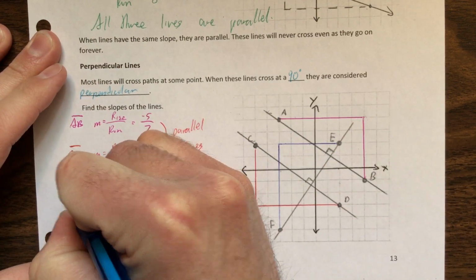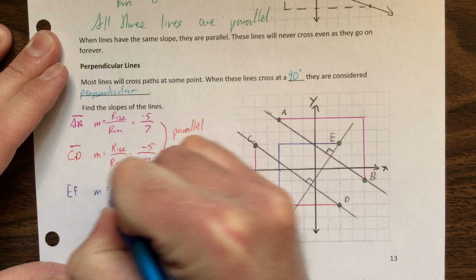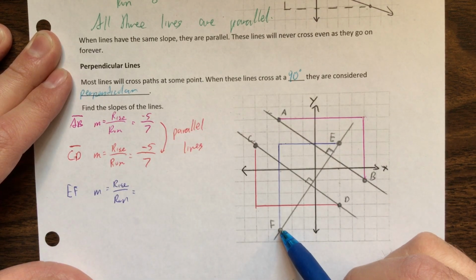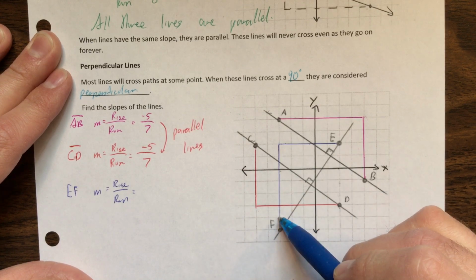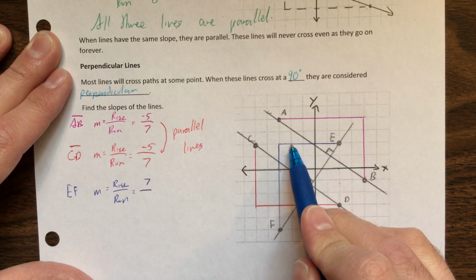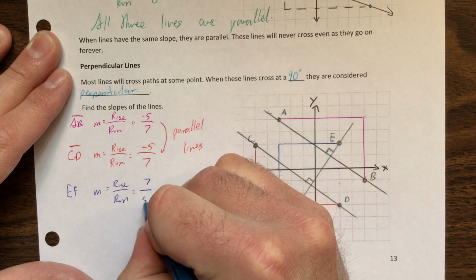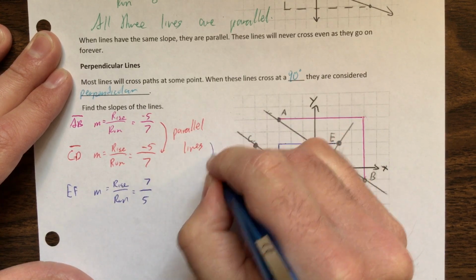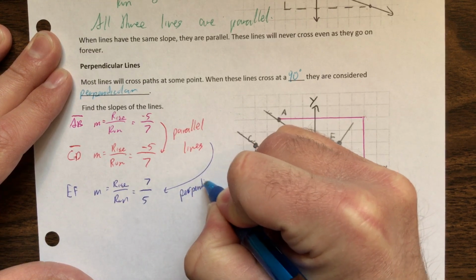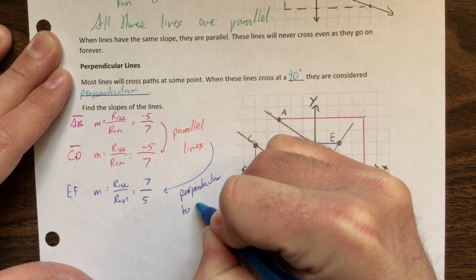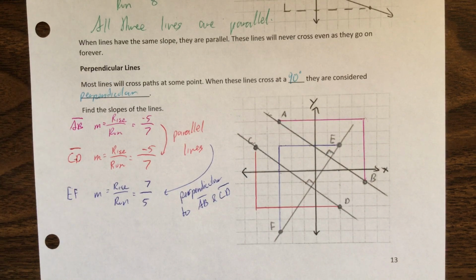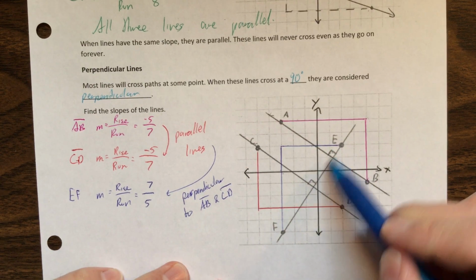So EF, our slope is again rise over run, and this time we're going up, so it's going to be positive. 1, 2, 3, 4, 5, 6, 7, and run is 1, 2, 3, 4, 5. Okay, this is perpendicular to AB and CD, based on what we see here.